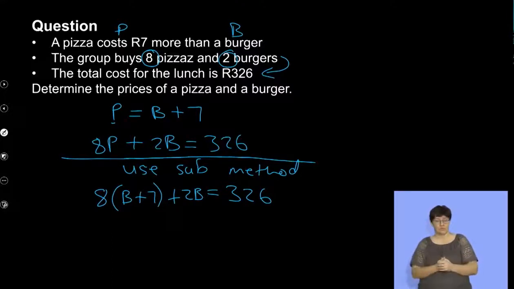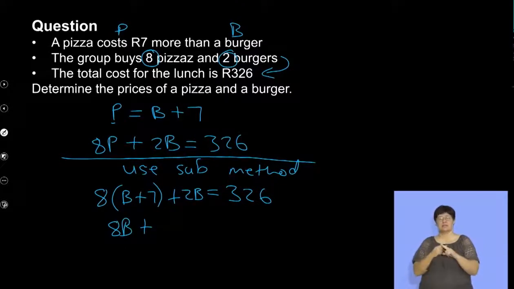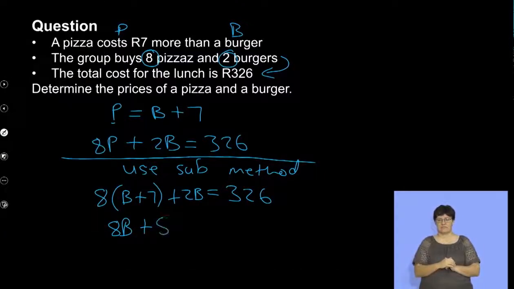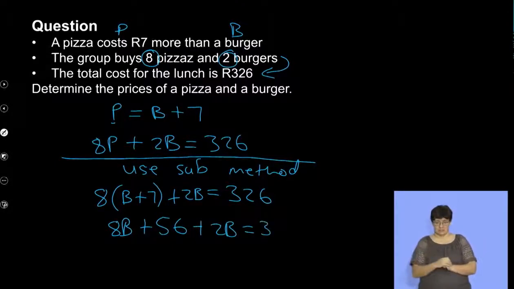So this will be 8B plus 8 multiplied by 7, which, let me quickly verify, 8 times 7 gives me 56. So this will be 56 plus 2B equals 326. Then I add my like terms.